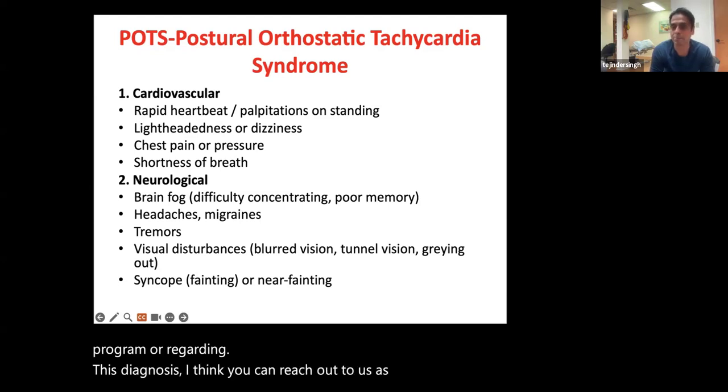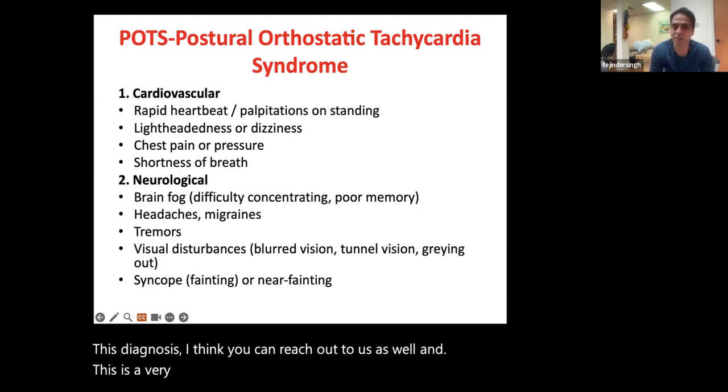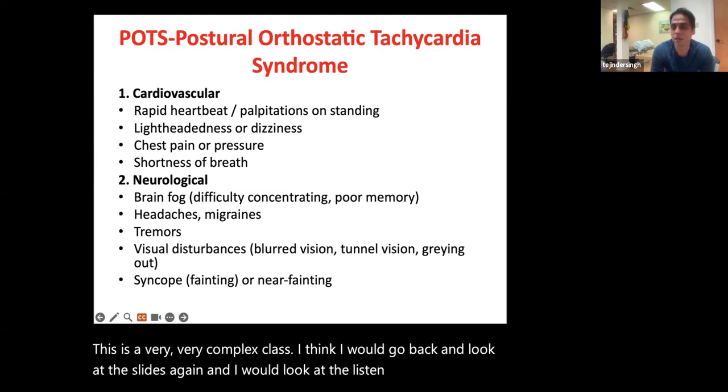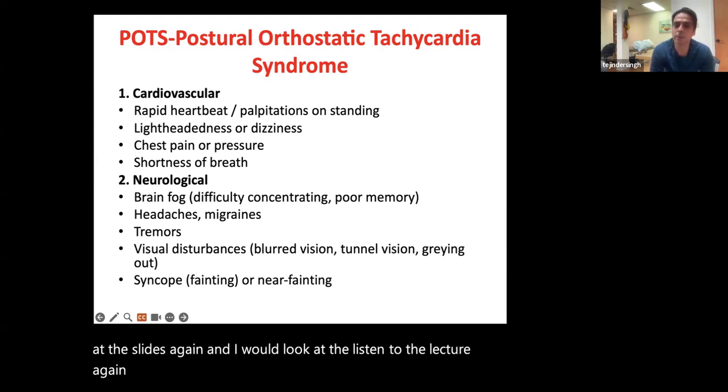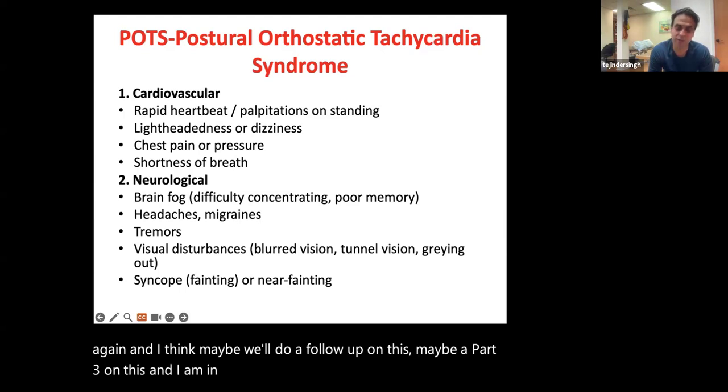This is a very, very complex class. I think I would go back and look at the slides again, and I would listen to the lecture again. And maybe we'll do a follow-up on this, maybe a part 3. I am in touch with one of the chiropractic physicians who I work closely with.